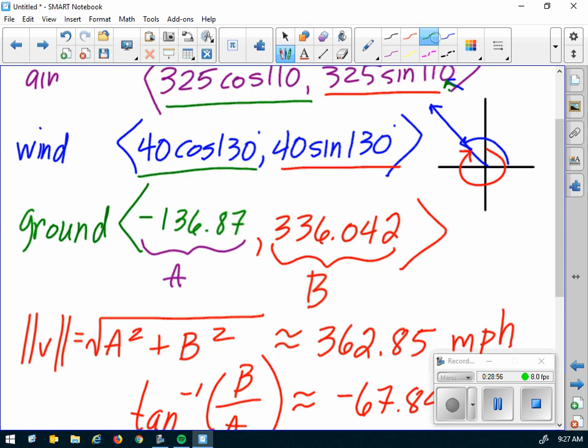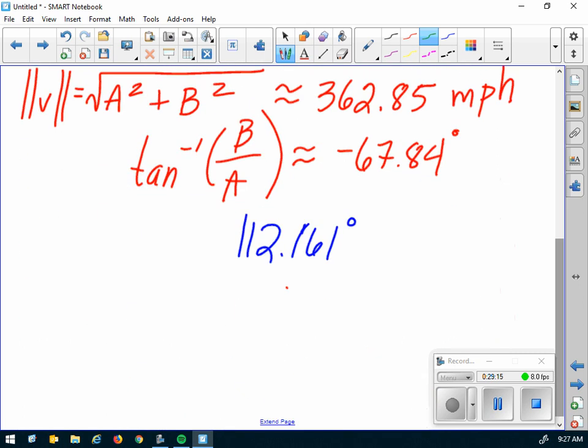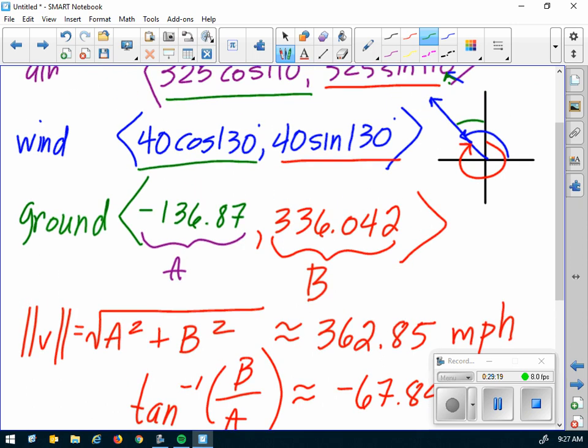Why do you want to subtract 360? Well, subtract 270? What's that angle right there? If that blue angle I drew is 112 point something, then what's that little green angle? 22.